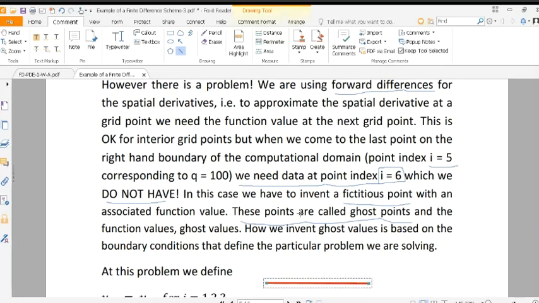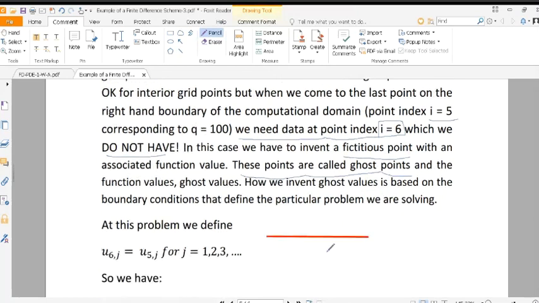At t1, the start point for t, we need the initial condition. Please pay attention: at the first time, called t1, we need the initial condition.